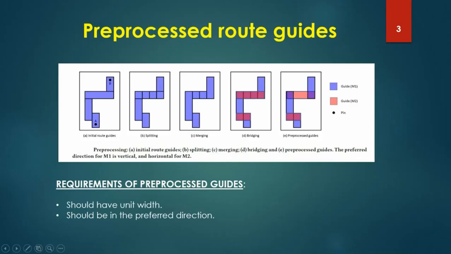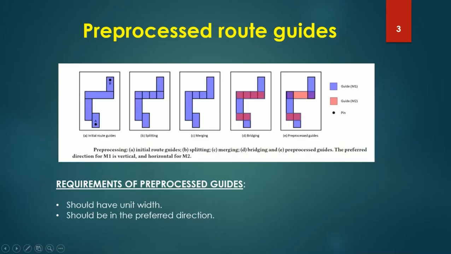So what is this pre-processed route guide? So say for example, after the fast routing, the global routing, what you get is this initial route guide. So we have a connectivity between A and B, and this is how the route guides were formed.